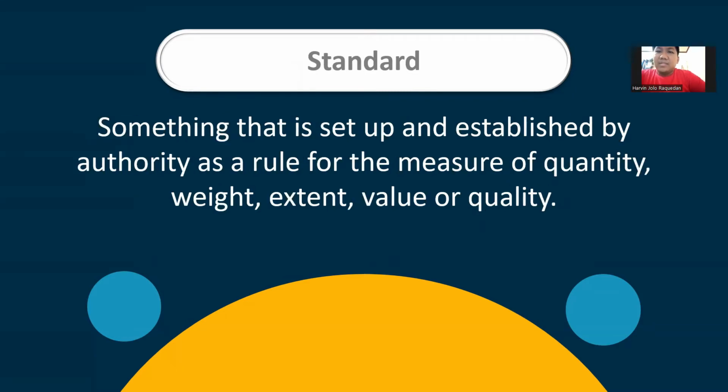Standard is something that is set up and established by authority as a rule for the measure of quantity, weight, extent, value, or quality. It is the set of technical definitions and guidelines and how-to instructions for designers, manufacturers, and users.